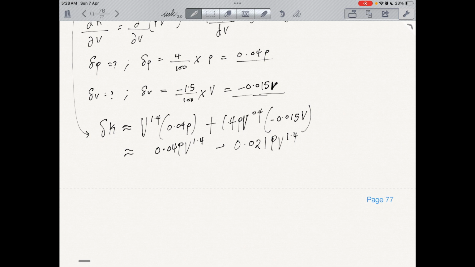Therefore, we can now factorize with PV raised to power 1.4.